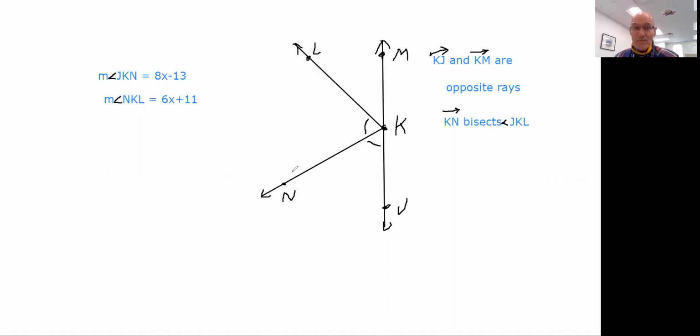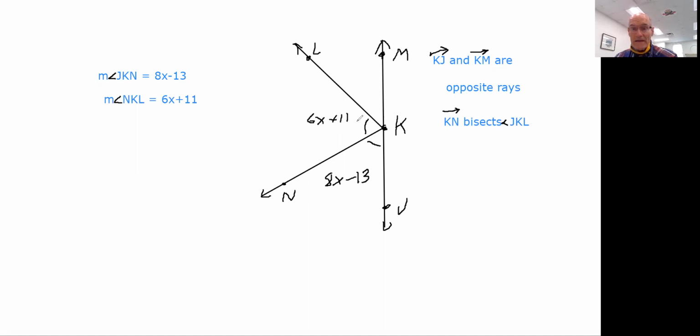Now, so what this means is angle JKN is 8x minus 13, okay? And then angle NKL here is 6x plus 11.